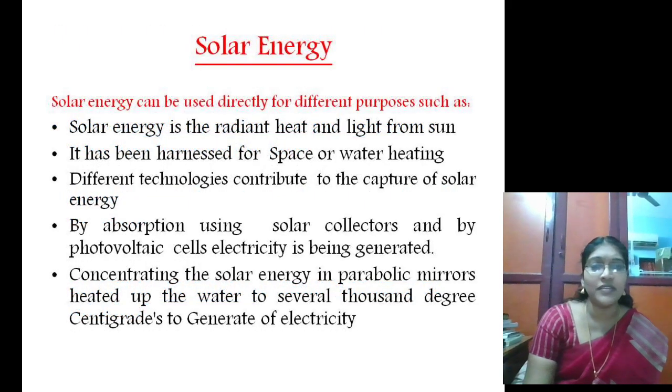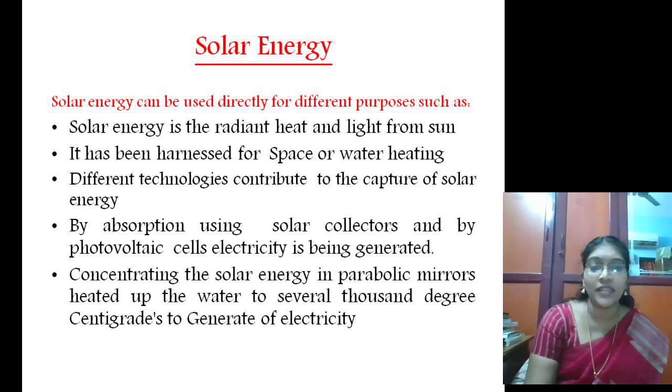So with this we can come to the next part. Now we are going to study one of the most important renewable energy resources, that is the sun, solar energy. Solar energy can be used in a direct form or in an indirect form.